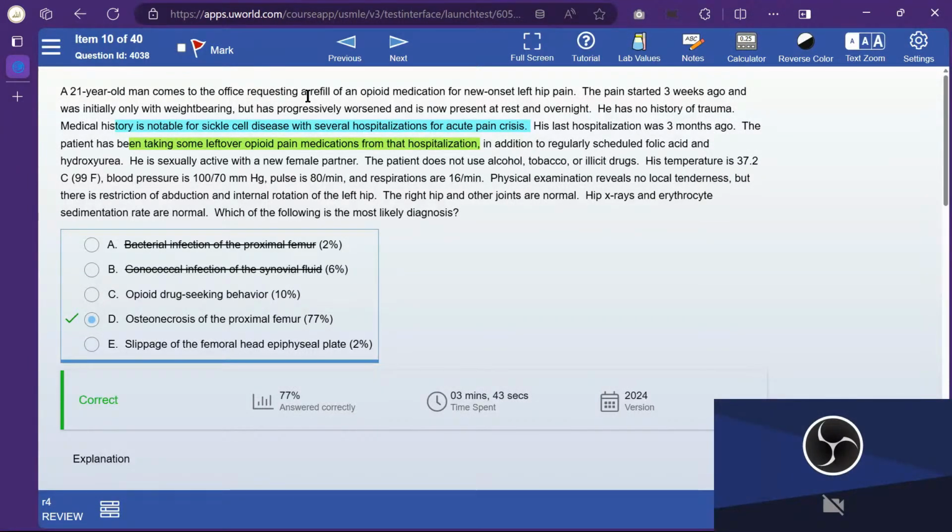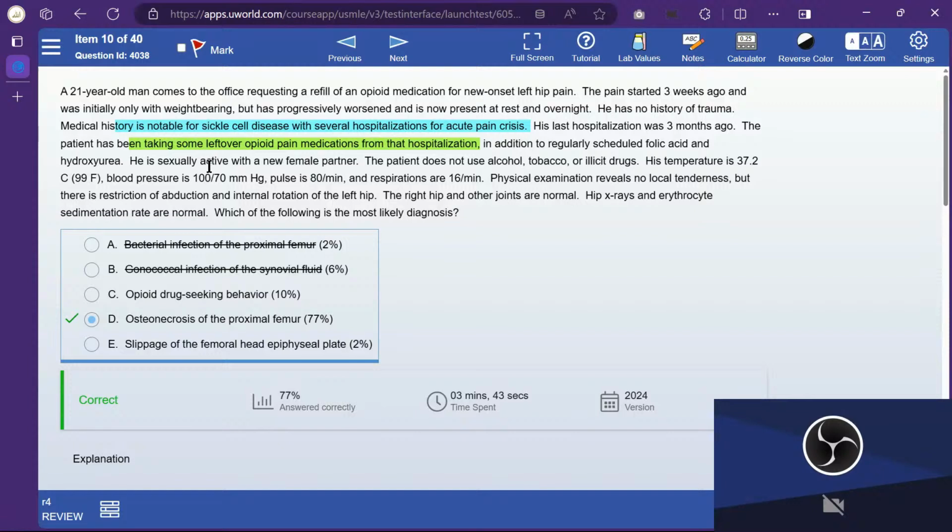A 20-year-old woman is in the office requesting a refill of opioid medication for new onset left hip pain. The pain started 3 weeks ago. She has sickle cell disease with a severe hospitalization for acute pain crisis.